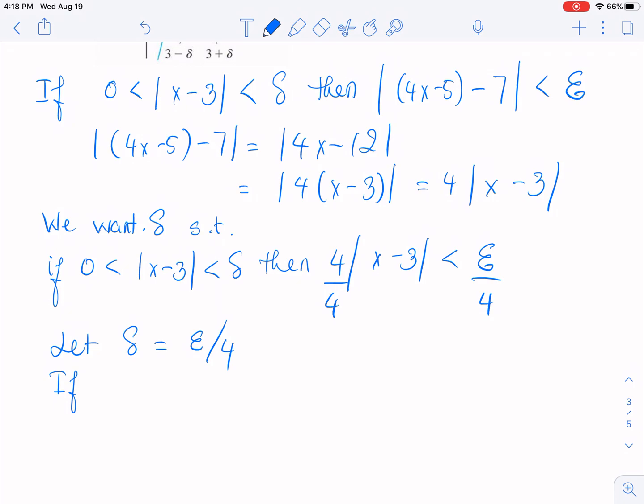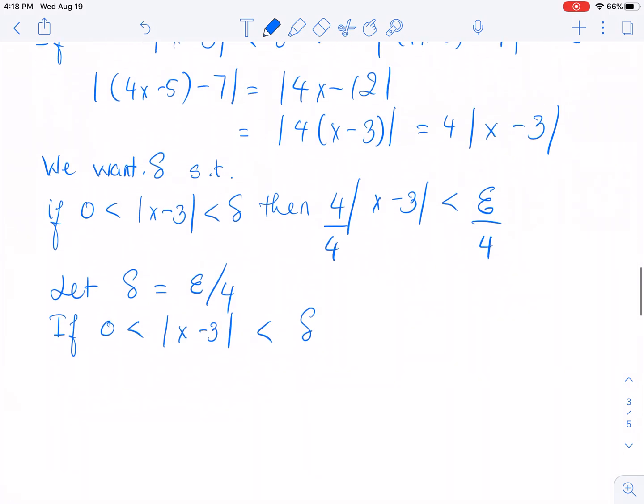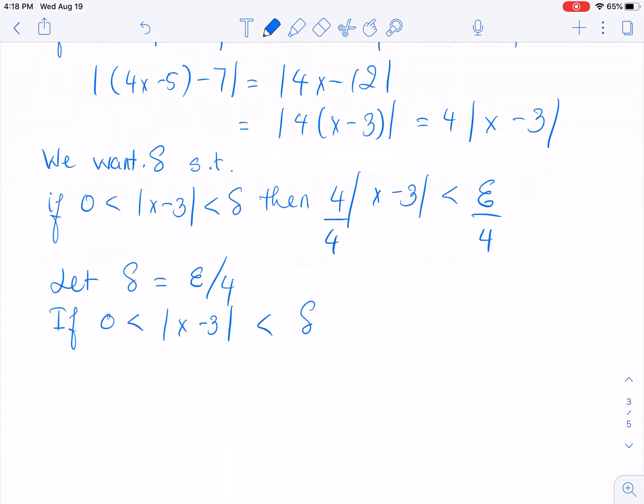If 0 is less than |x minus 3| less than delta, then |4x minus 5 minus 7|, this is the original, equals 4 times |x minus 3|. So I'm just working backward to prove our limit.